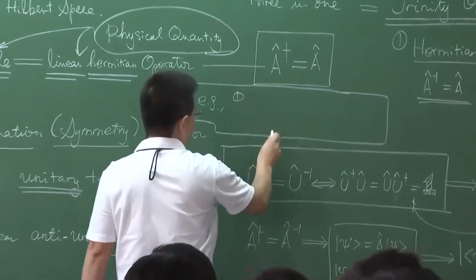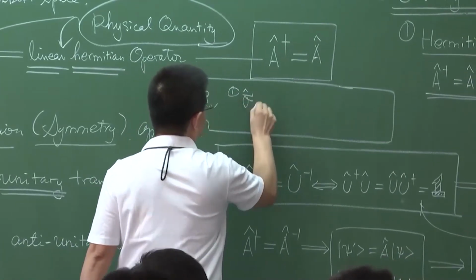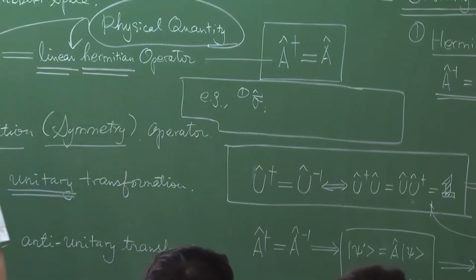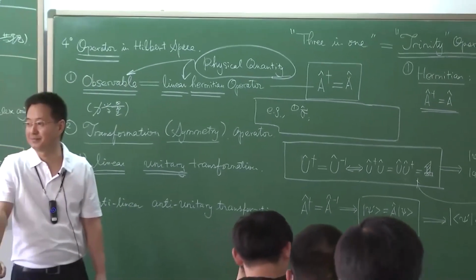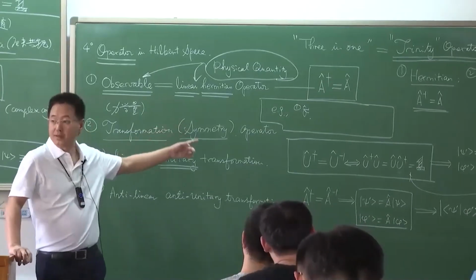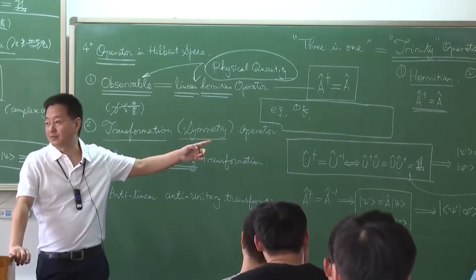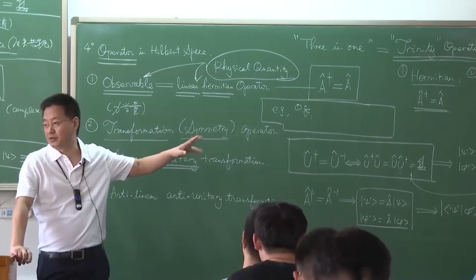The first example is the Pauli matrix, the Pauli operator. The Pauli operator is a Trinity operator. That is, sigma squared is equal to 1, for each component.